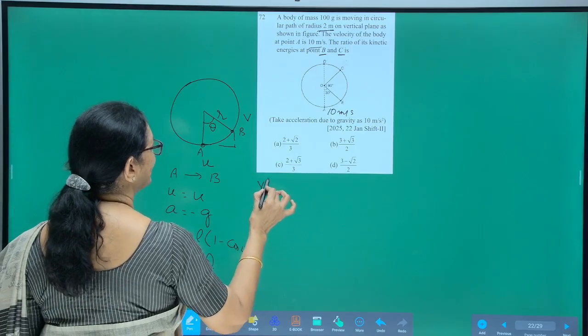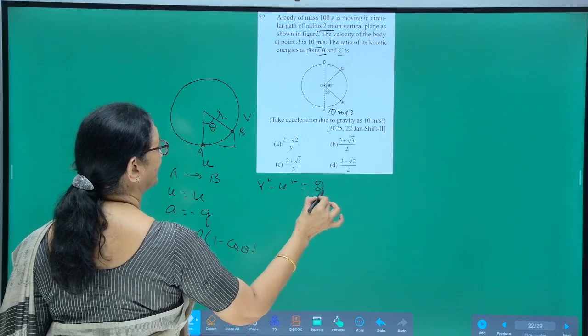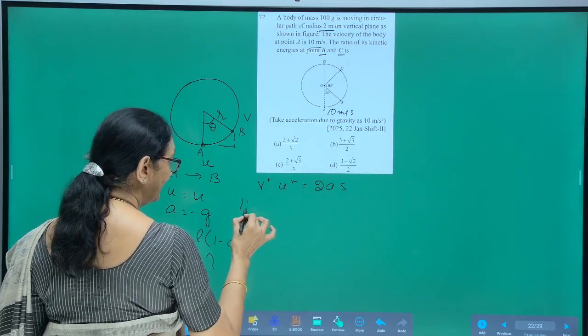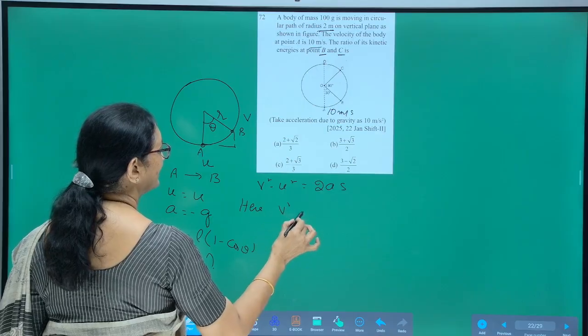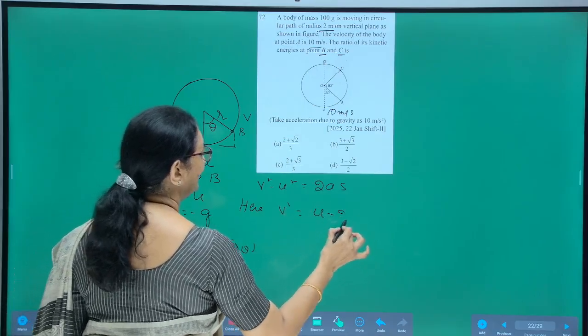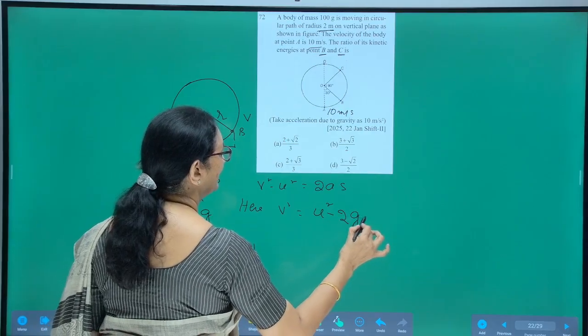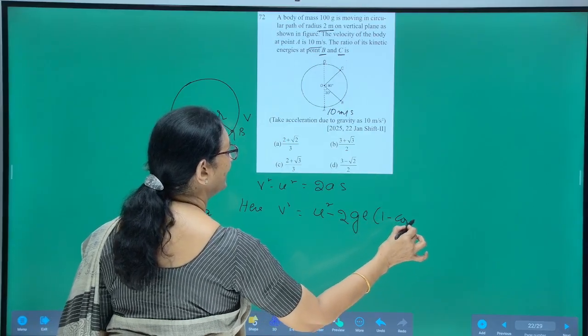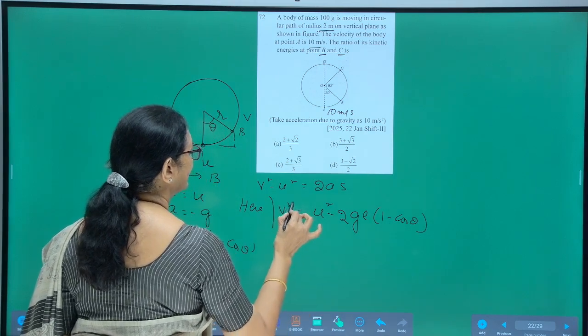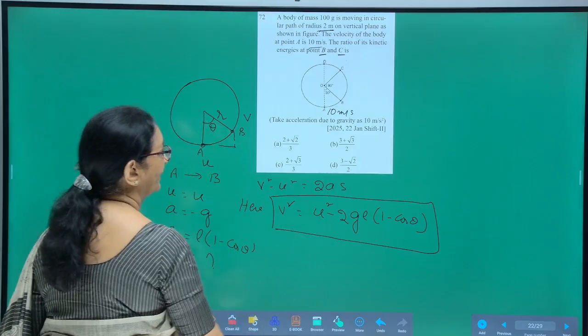As v square minus u square is equal to 2as, here v square is equal to u square minus 2gl into (1 minus cos theta). This is the expression for v square.